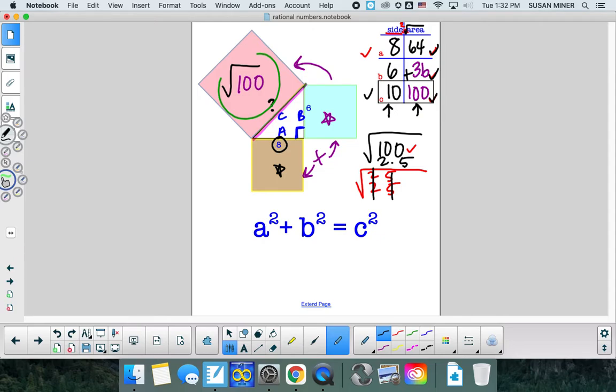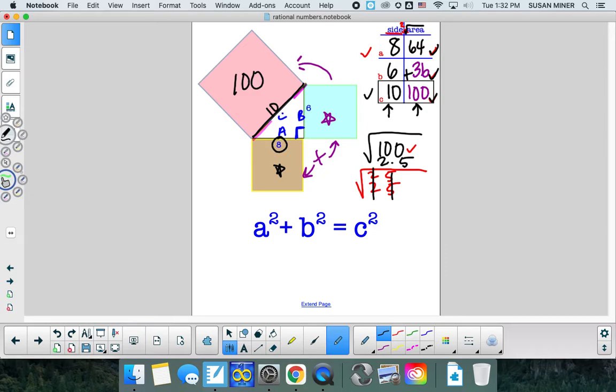The side length here is 10 because 2 times 5 is 10. So I can factor out 100 and come up with the square root of 100, which is 10. And now I know not only is the area of this 100, but the side length of my right triangle here is 10, so I can come up with the side length of a right triangle.